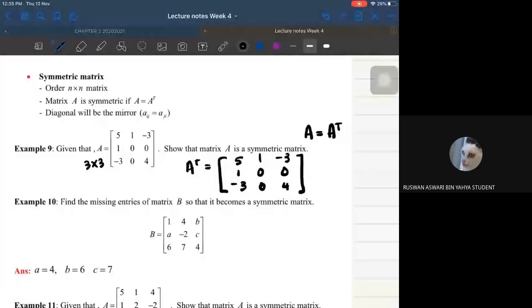Okay, so as you can see, this one A is equal to A transpose. Each element in matrix A sama dengan setiap elemen dalam A transpose. So since A is equal to A transpose, so A is a symmetric matrix.